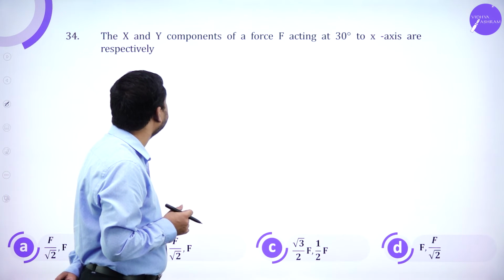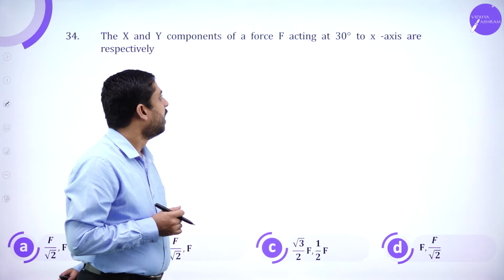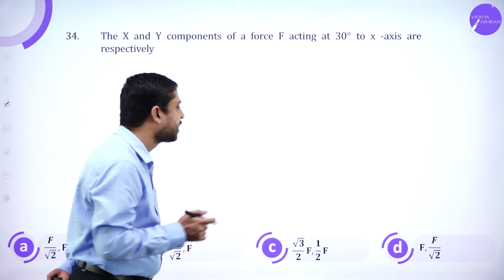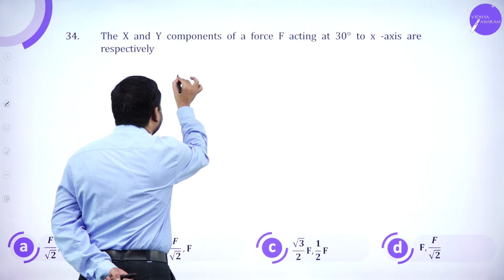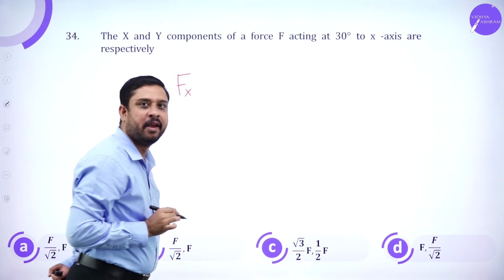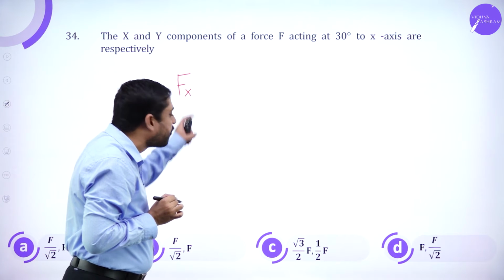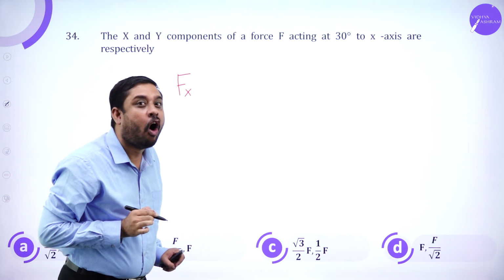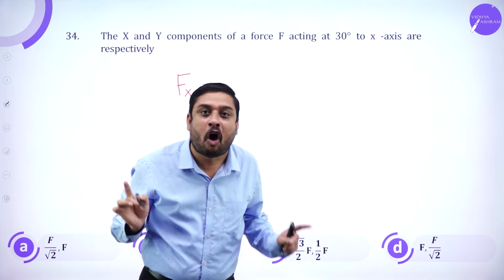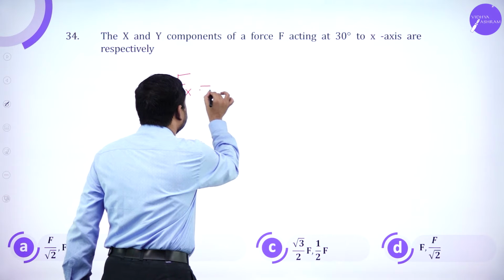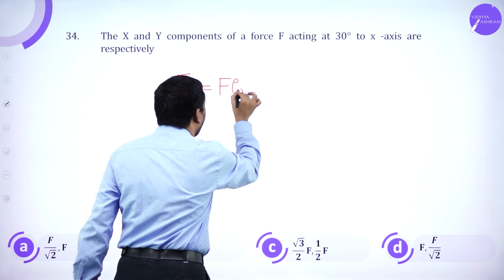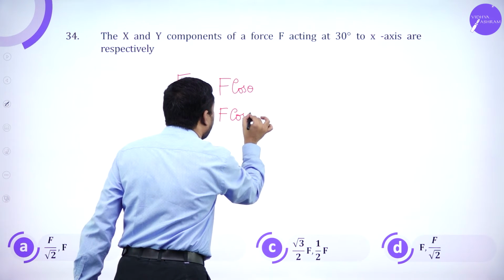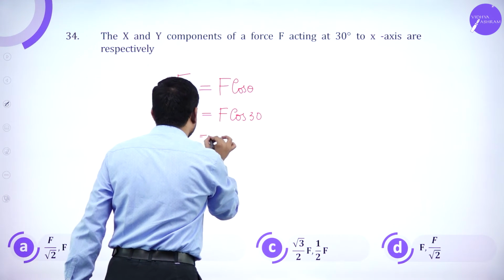The x and y components of a force F at 30 degrees to x-axis are respectively F x. Component of the force along x-axis, x-axis means horizontal, is F cos theta. So this is F cos 30.